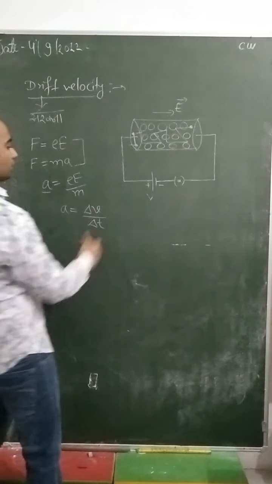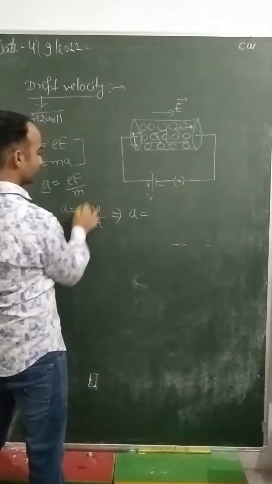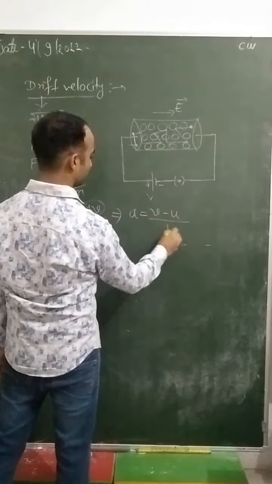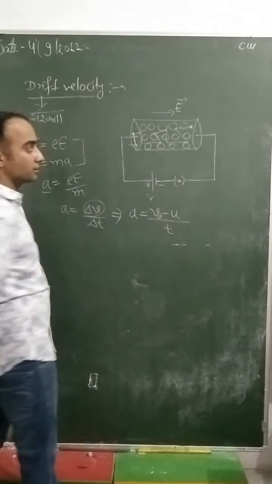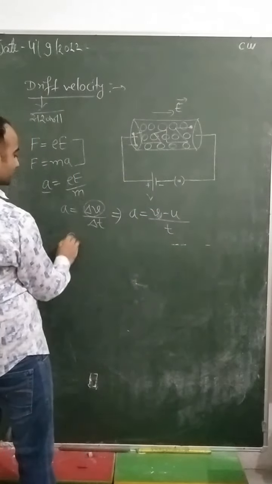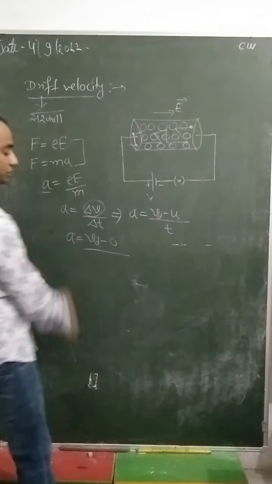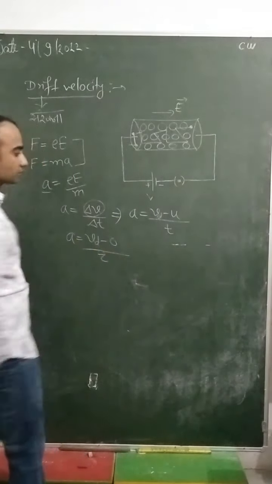So a is equal to del v, the change in velocity, final velocity minus initial velocity, upon time t. Let the final velocity be vd, that is the drift velocity. So acceleration will be drift velocity vd minus 0 initial velocity, and the time is tau.